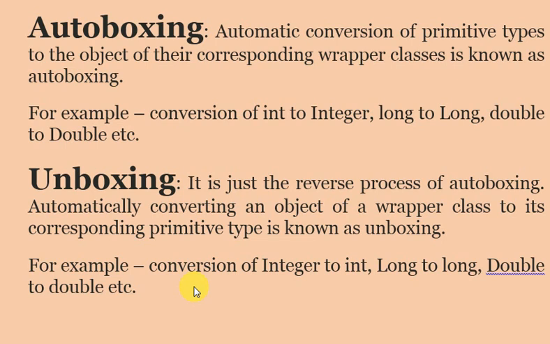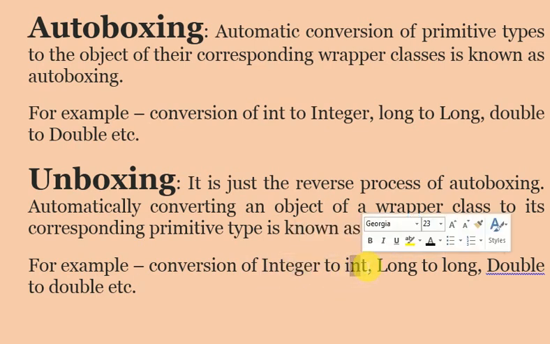And its opposite is unboxing. Autoboxing is from primitive data type to wrapper class. Unboxing is from wrapper class to its primitive type. So if you convert Integer to int, this is basically unboxing.